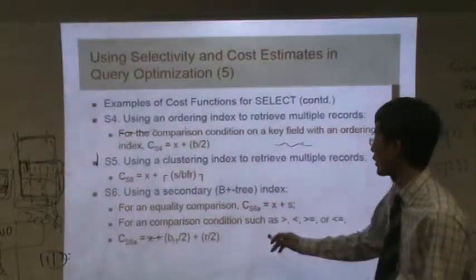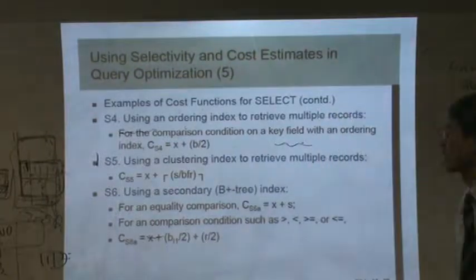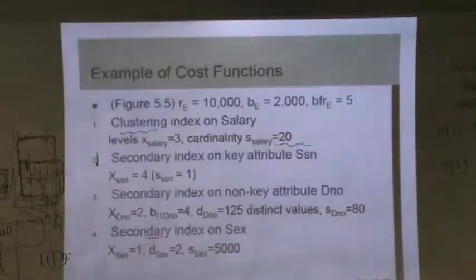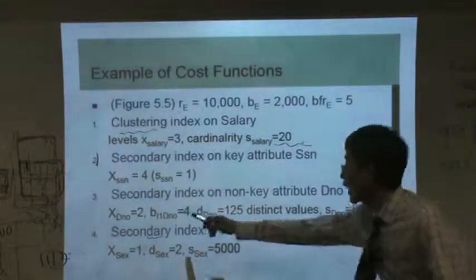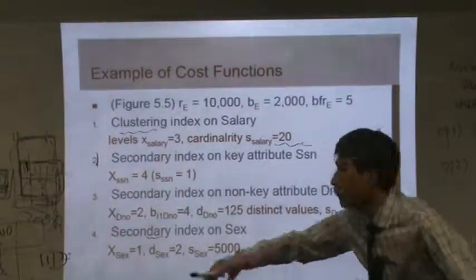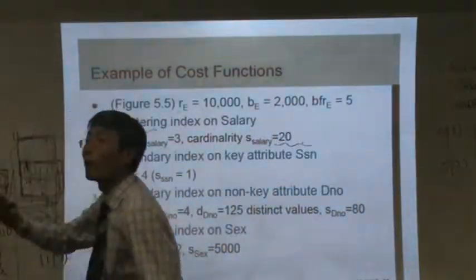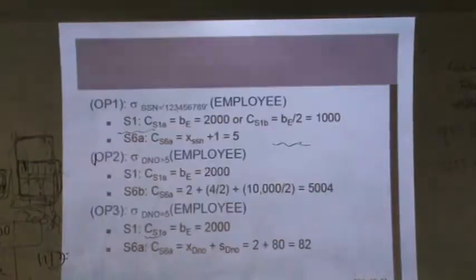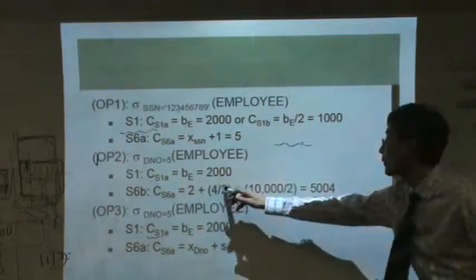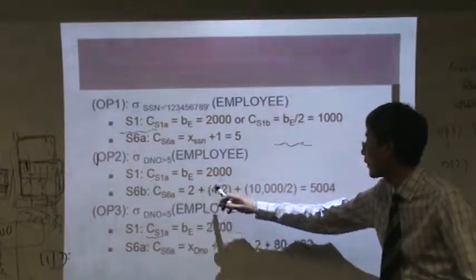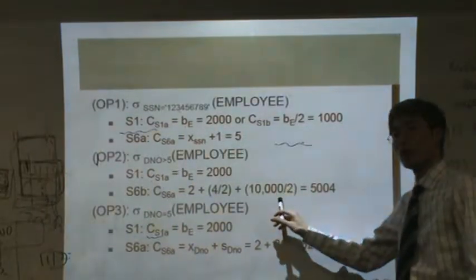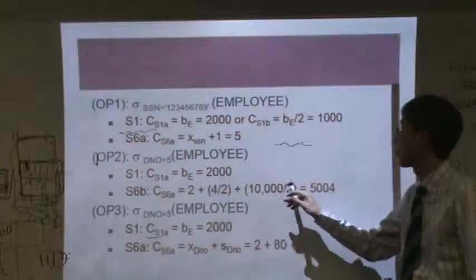So the secondary index uses this option. How many? Level is 4, so 4 blocks. Then you can calculate 4 divided by 2.